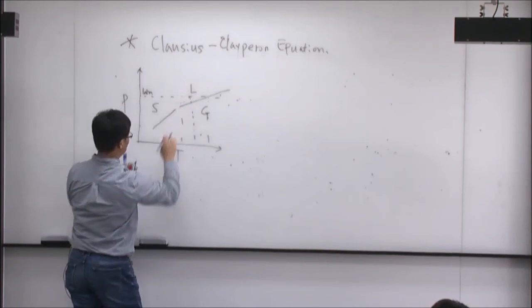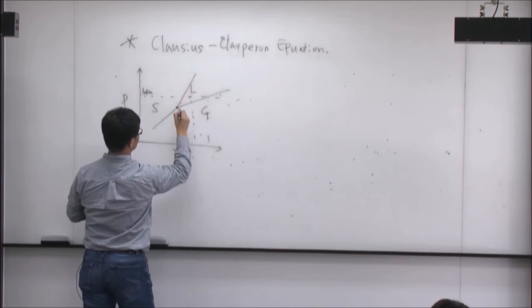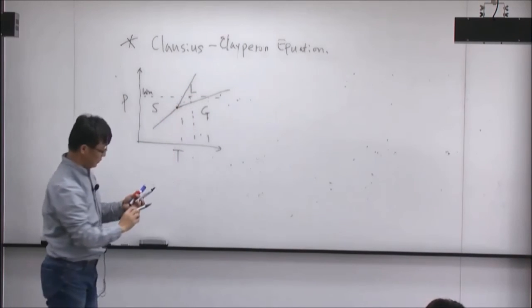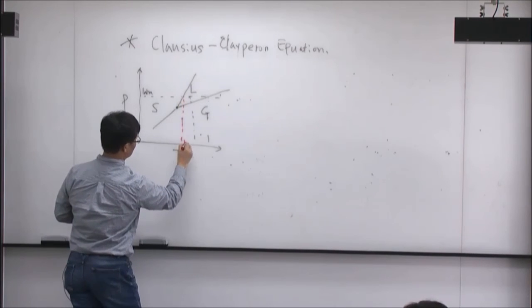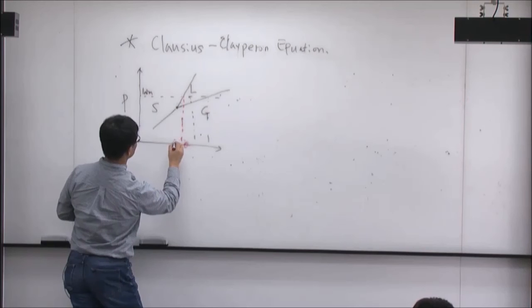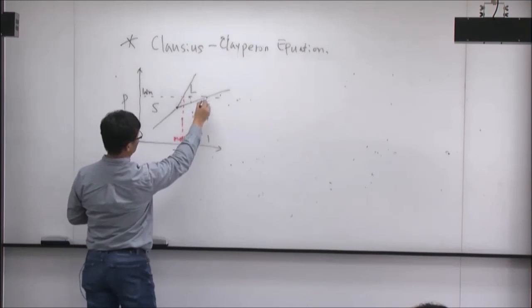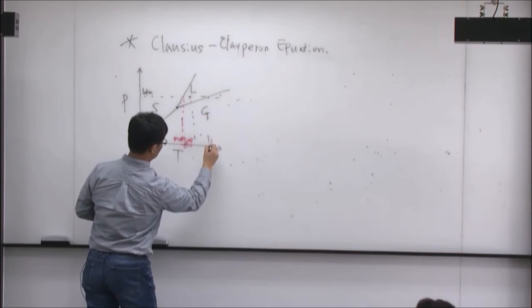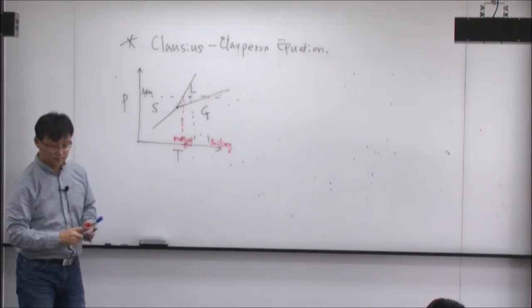So let me draw it a little bit better. Solid, liquid, gas phase. This is the melting temperature. And this one is the boiling temperature or evaporation temperature.